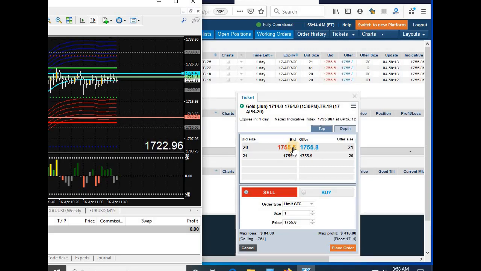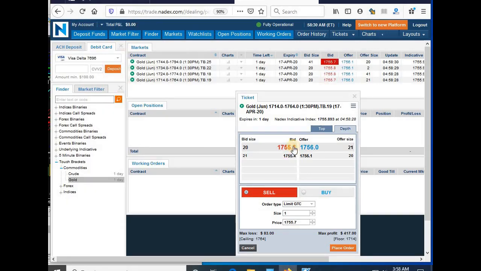So I will wait. See how they're still bouncing over there on the Forex platform, and see how they're way more constant over here. A good thing about that is, at least when you get in, you're probably going to know where you're getting in at.